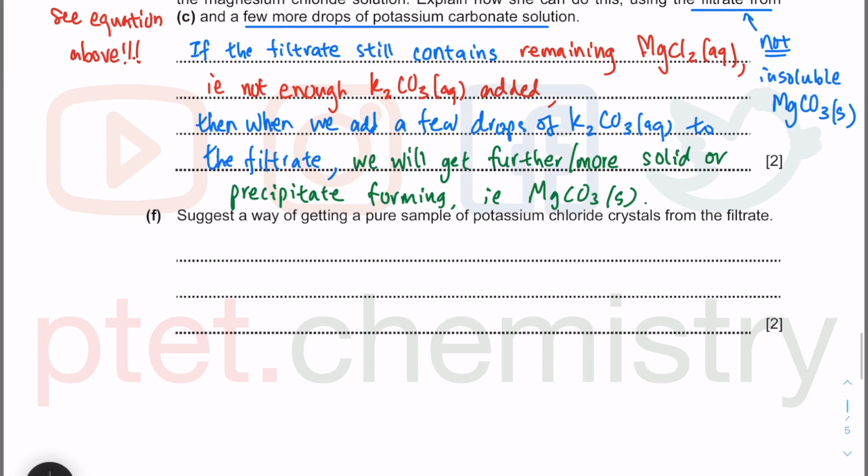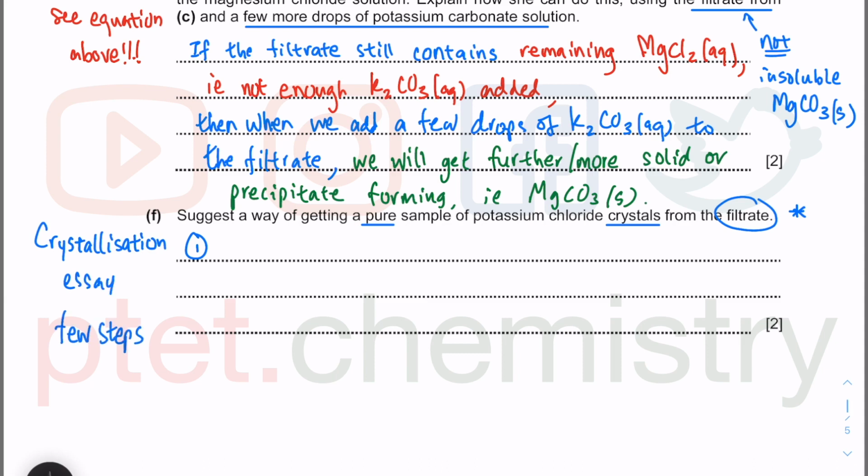Okay. The last bit of this question is about getting a pure sample of the crystals from the filtrate. The filtrate is already the solution containing water as well as the potassium chloride. So the first thing you should do is, in your year 9, you already learned about crystallization. Crystallization essay comes in a few steps and you have to write down all the steps in clear detail.